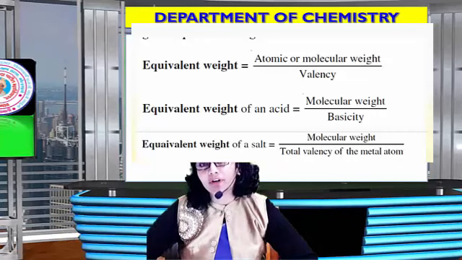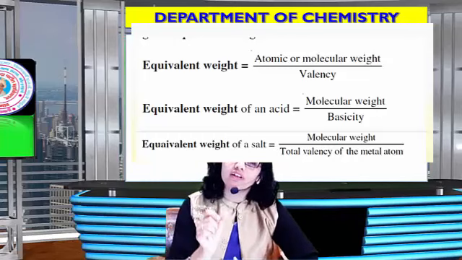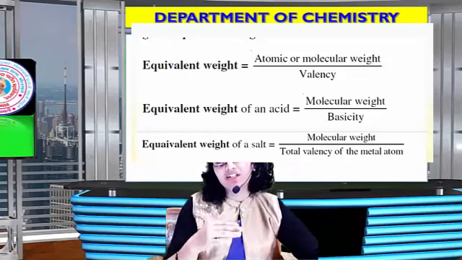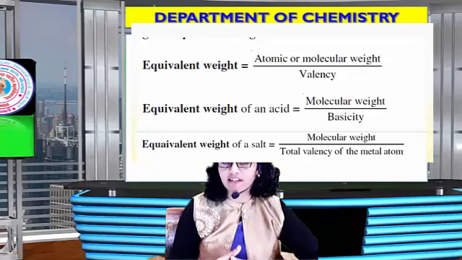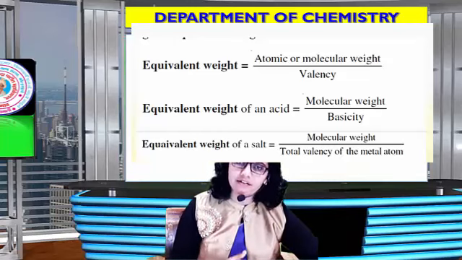In case of NaCl, we take the molecular weight of NaCl divided by its valency. Valency of Na is 1, Cl is also 1.